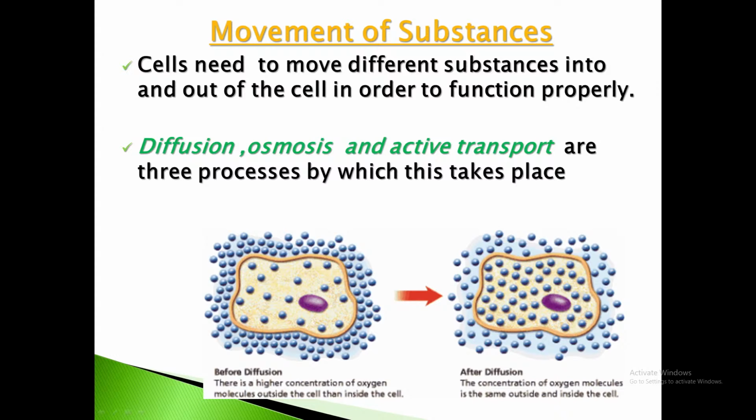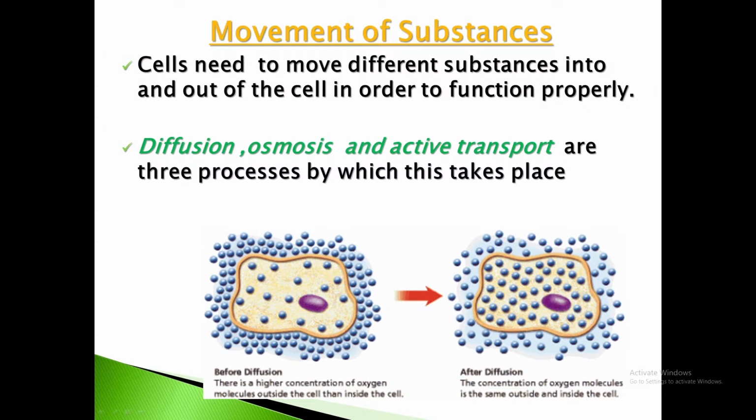If that is the case, then the carbon dioxide will become what is known as toxic, which of course is not healthy for those cells. So diffusion, osmosis, and active transport are three processes by which this takes place.